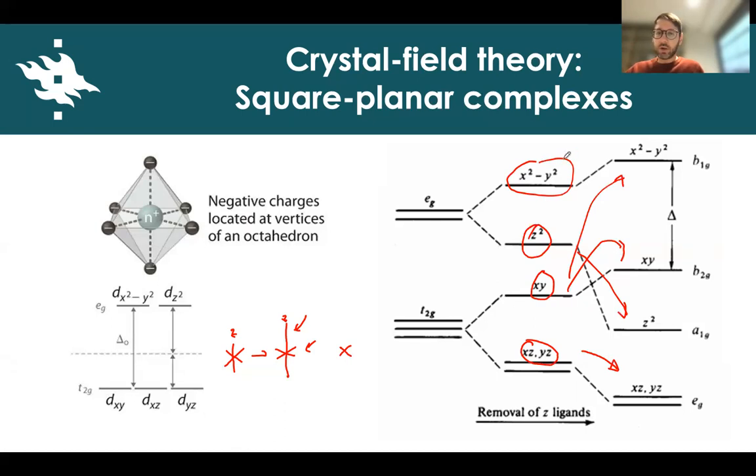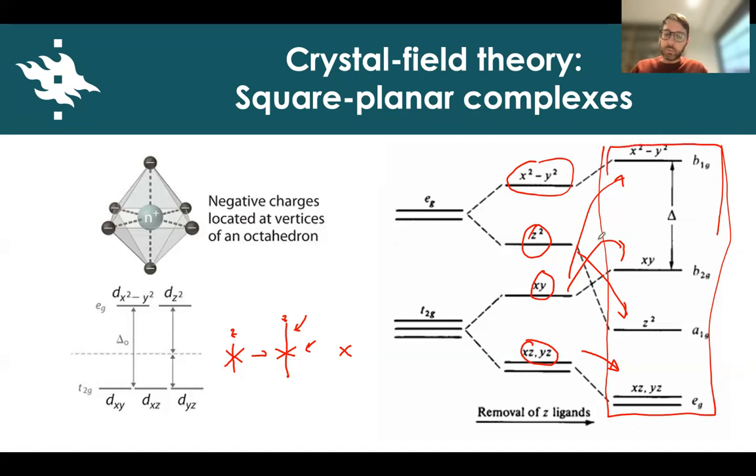So this gives rise to the crystal field splittings for a square planar complex.